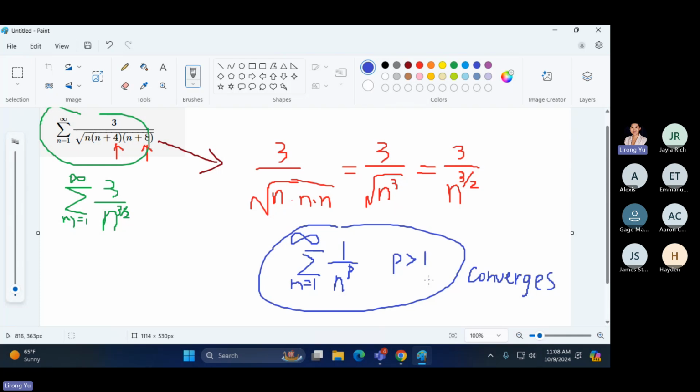So 3 over 2 is bigger than 1, so it's convergent, and therefore that converges as well. We can see that because this has a smaller denominator, so the other actually has a smaller value than this. If this is convergent, that means this is finite, and that is smaller than this finite number. Of course, it's also finite. Smaller than finite is finite, but bigger than finite may not guarantee finite.